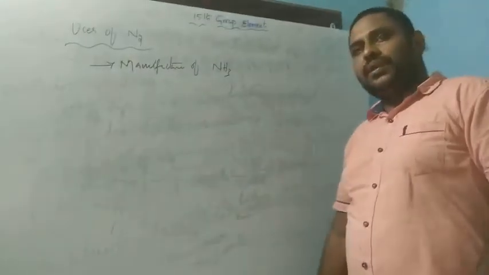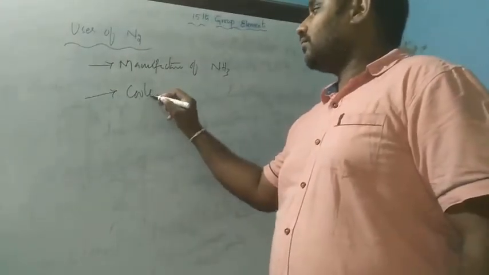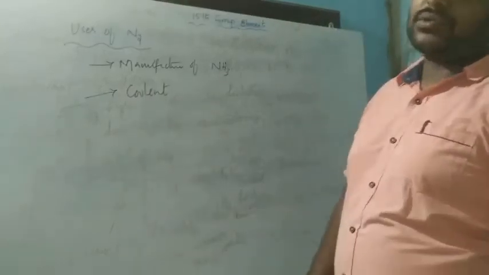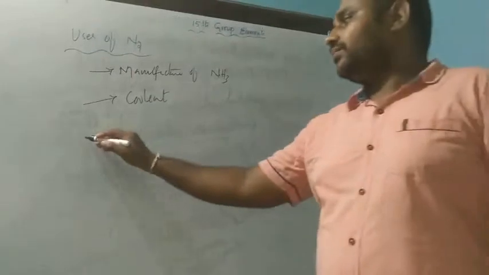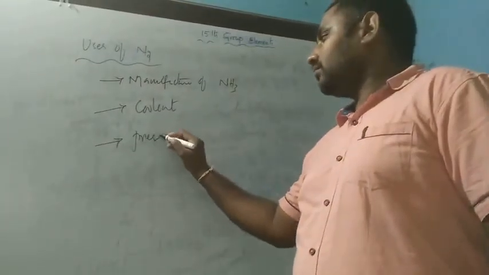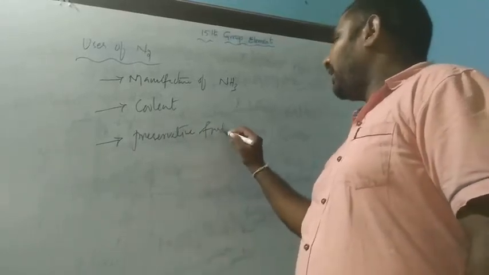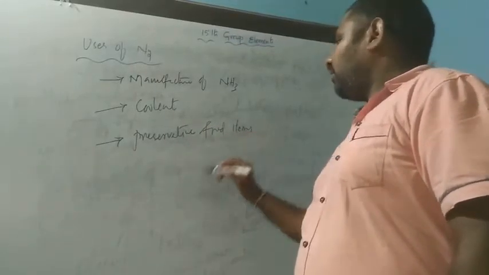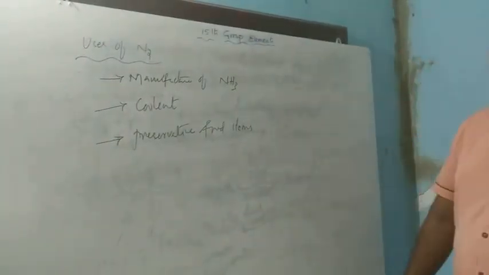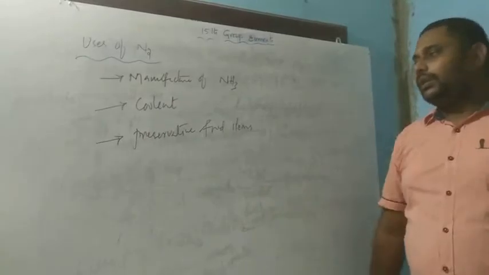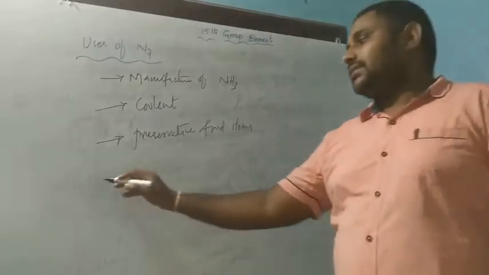In industry, we use it as a coolant, for example in refrigerators, and as a preservative of food items. Manufacture of ammonia, coolant, preservative of food items, and cryosurgery.